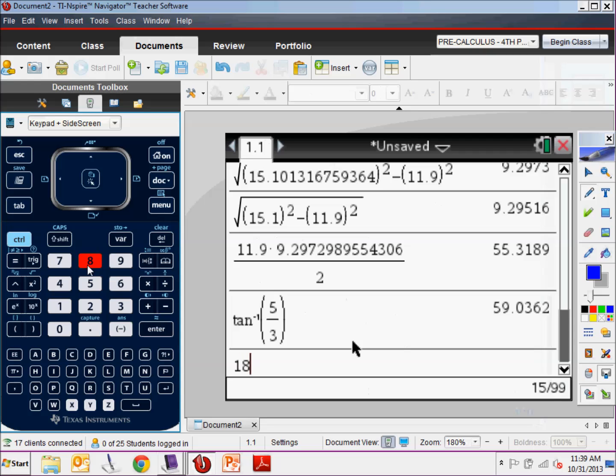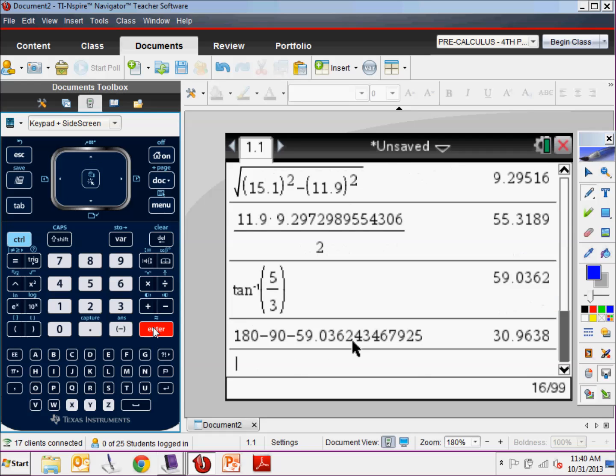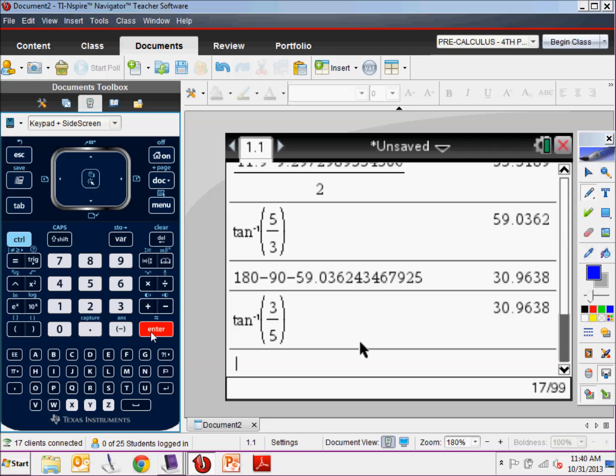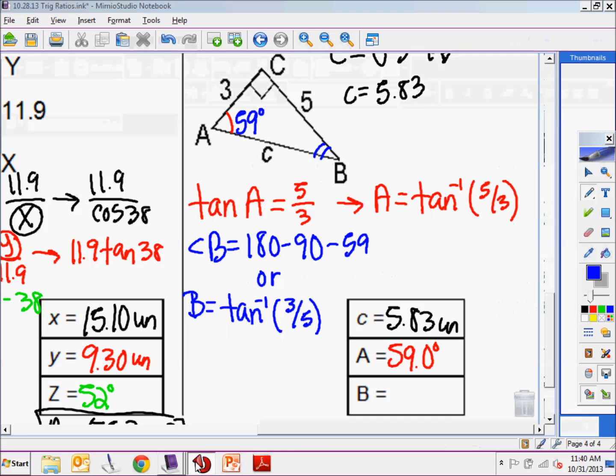So 180 minus 90 minus 59, and I get 31. Or I could have done trig inverse tangent of 3 divided by 5, and I would get 31. Either way, I'm going to get the same answer. Just depends on how you think and how you look at the problem. So this question was basically for degrees? Yes.